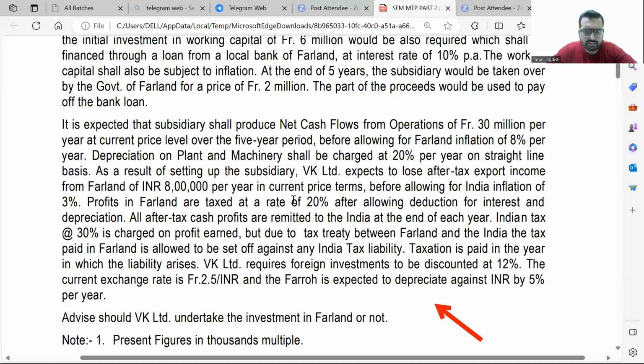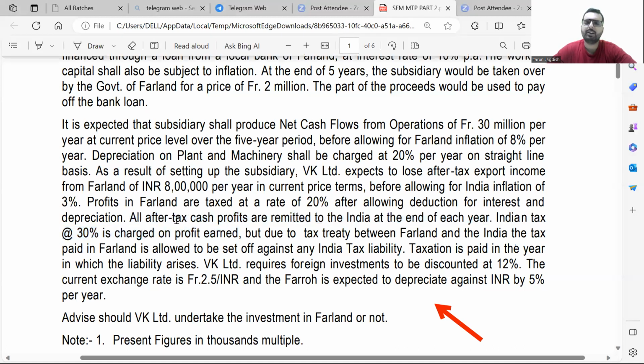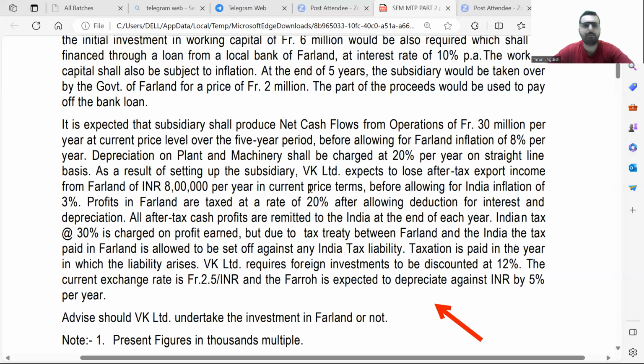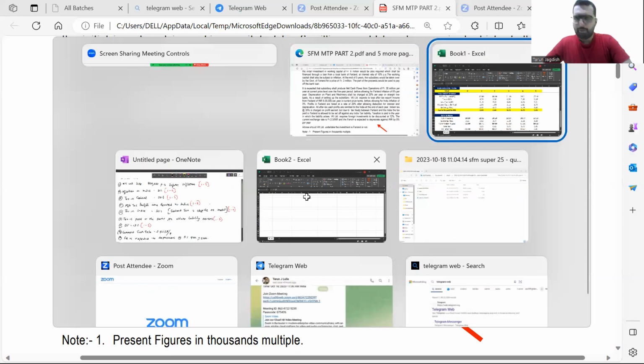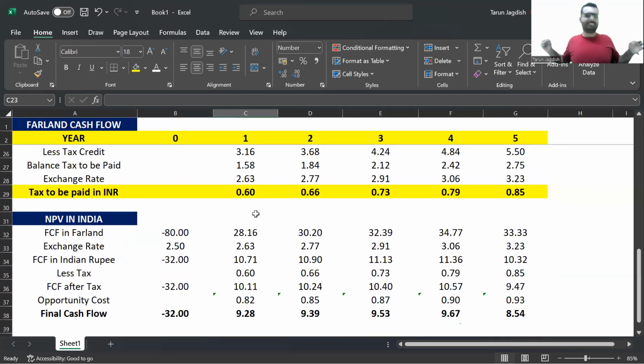Let's just read the sentence once again. All after tax profits are remitted to India. Indian tax at 30% is charged on the profit earned. Okay, so even though remitting is happening, in India you are supposed to pay 30% on the profits you get there, because foreign income is also taxable in India, correct? Right, sir. Please revise the residential status.